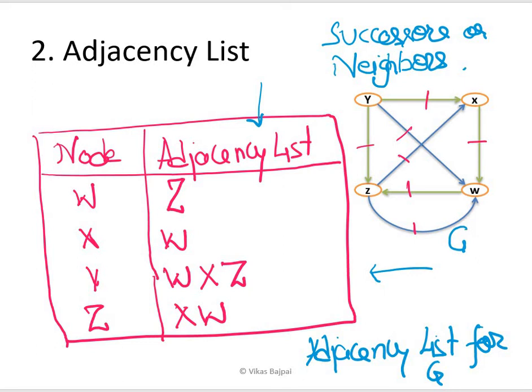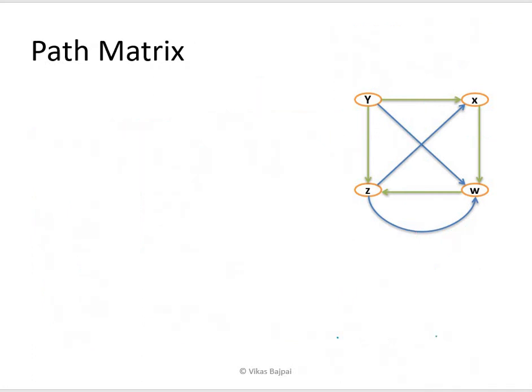In addition to the adjacency matrix and adjacency list, there is another way of representing these graphs, which is your path matrix. By this time you might have some idea what it would be. A path matrix P will have once again the same size of m cross n, where m stands for the number of nodes or vertices.